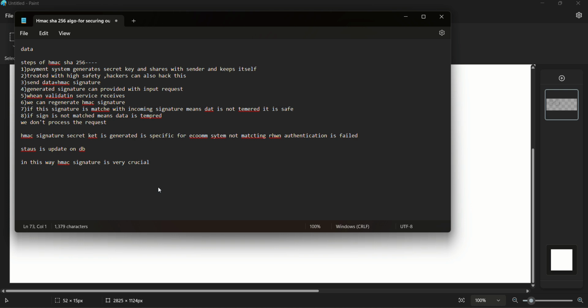So I recommend using HMAC SHA-256 and other algorithms. It is good if we use SHA-256. It is highly secured, so hackers cannot attack it or change data easily.